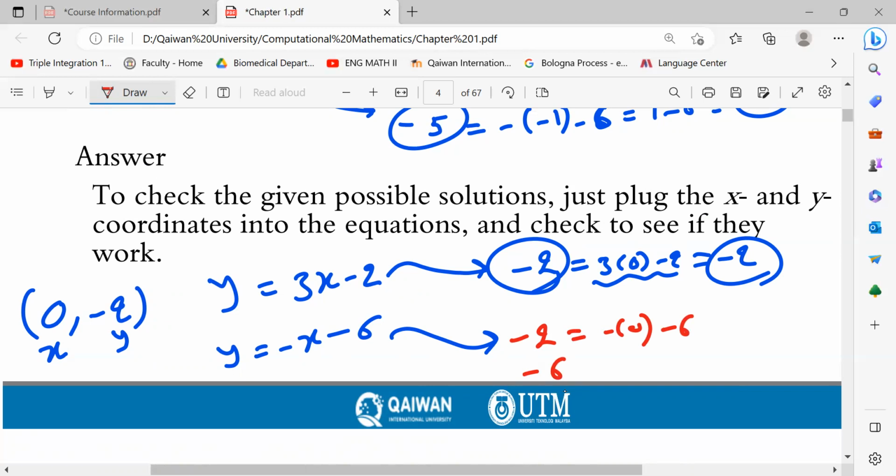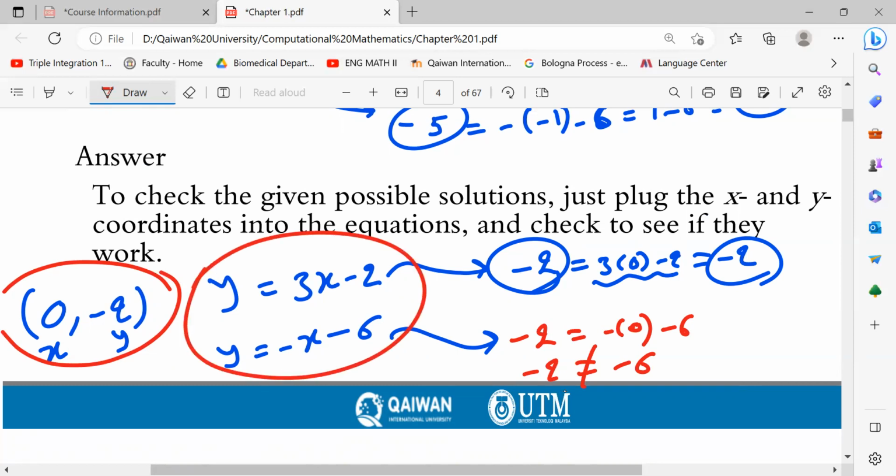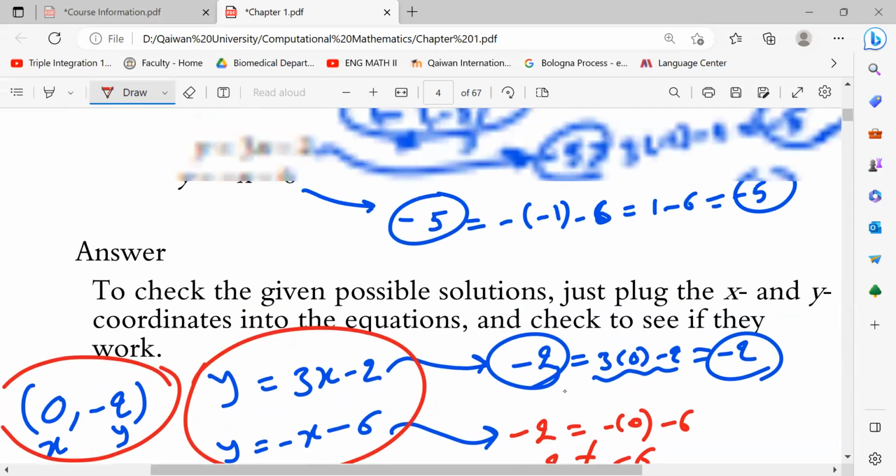Here it's -x, x is 0, so it's 0. So -2 is equal to -6. This doesn't hold. That means it doesn't satisfy the second equation. That means this point, 0 and -2, is not a solution for this system. It's not a solution for the system, but the above one is.